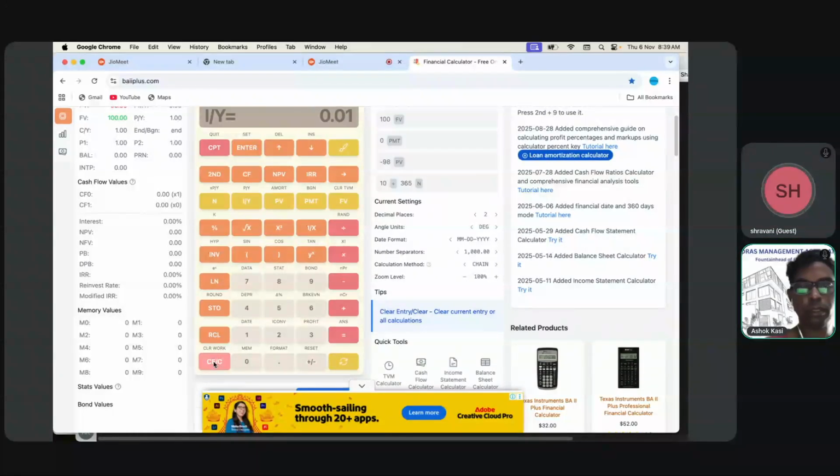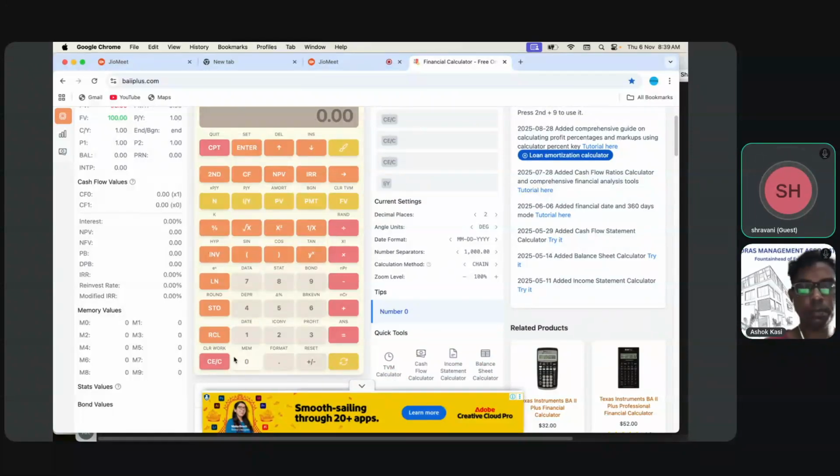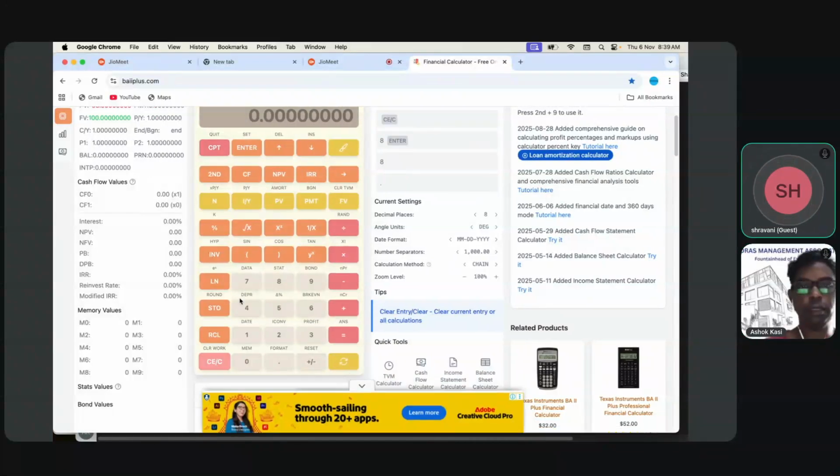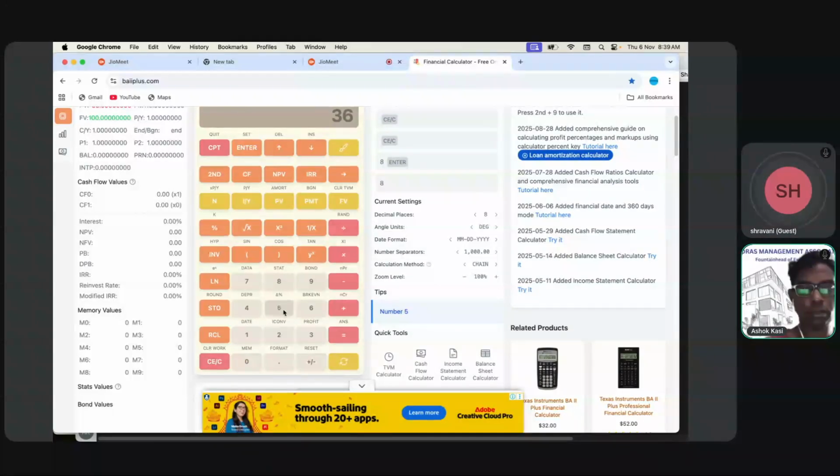Okay, I should make this decimal number a little bit bigger. Second format, I'll make it like 8 decimal. Enter. Okay, so 10 divided by 365. This is N. Acha, this one I must have done incorrectly before.